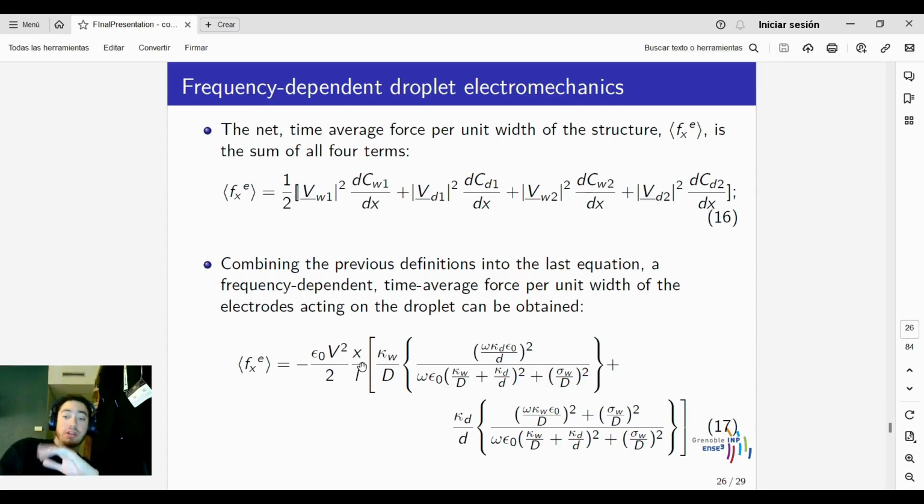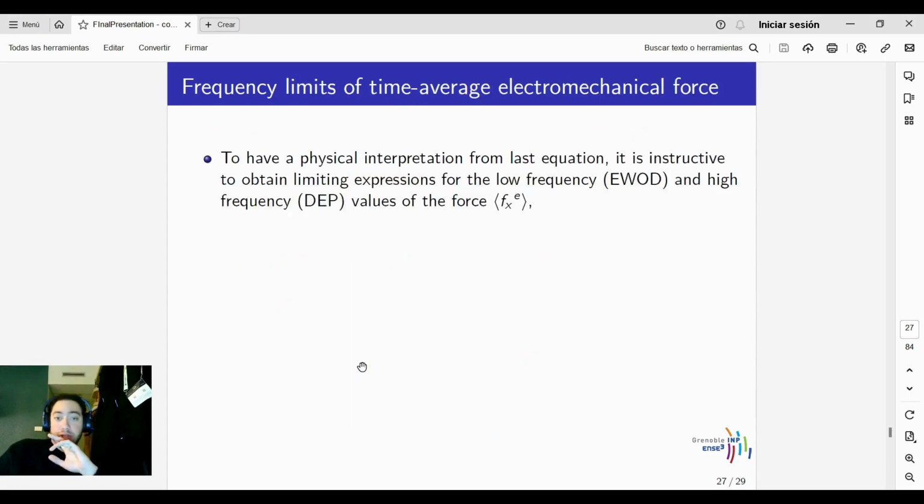And the second thing that we can observe in the equation, for example, maybe to have a physical interpretation, is that we can define two different behaviors in terms of the frequency W. So we can divide the two different phenomena into low frequency or high frequency.